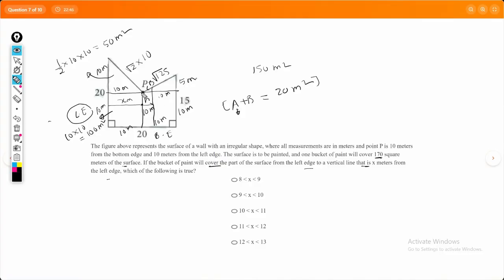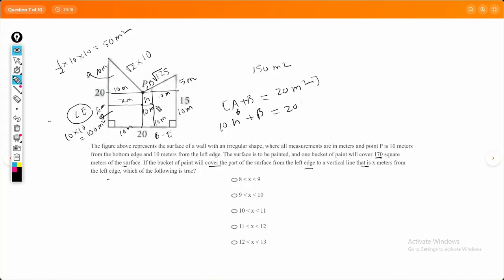Because this is a rectangle, a will be 10h, because 10 is this side and h is this side. So the area of this rectangle will be 10h plus b. We can find the area of this triangle as well from similar triangle properties, but it will be a pretty lengthy process, and we are not going to follow it in this one. So this will add up to 20.